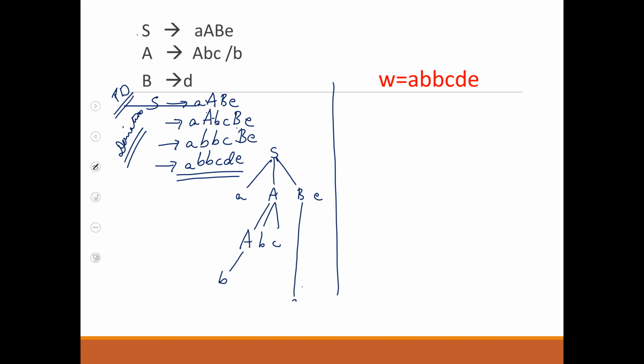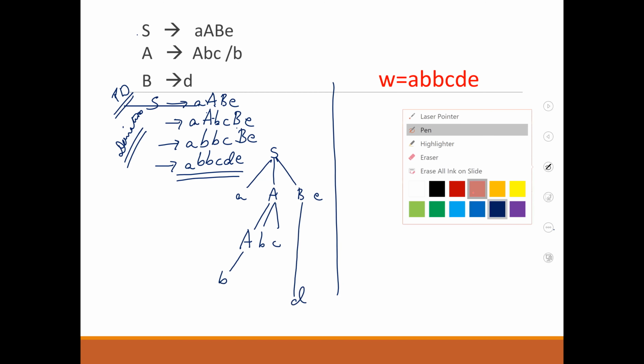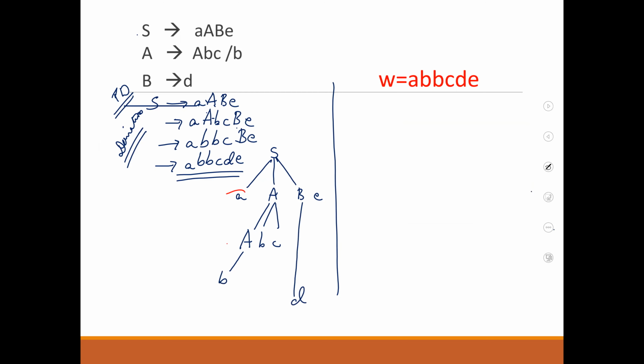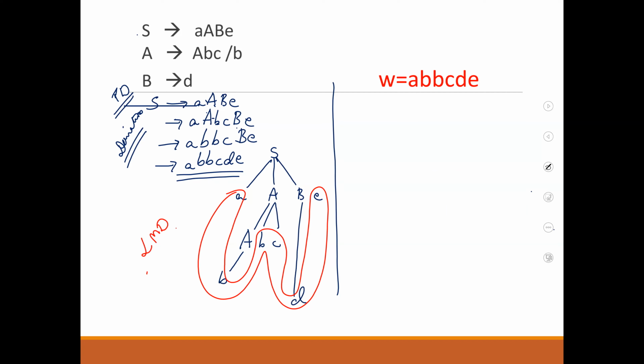B, I make it a D. Now, if you look at the terminals, you will be getting your required word: A B B C D. This is how top-down parsers work. You will be going for the leftmost derivation in top-down parsers.